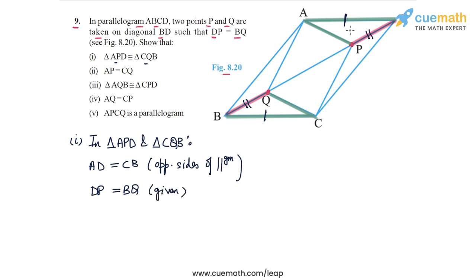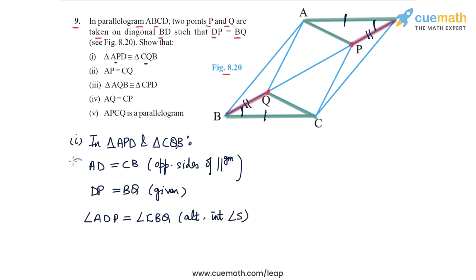And the third pair that is equal is this angle pair, angle ADP and angle CBQ, because these two angles are alternate interior angles on the parallels AD and BC and the transversal BD, the diagonal BD. So we can write angle ADP is equal to angle CBQ, as these angles are alternate interior angles.